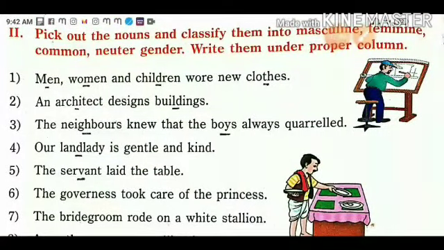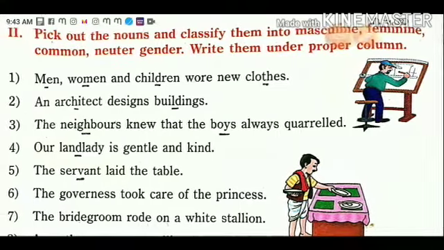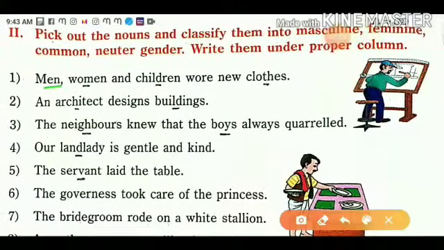Men, women and children wore new clothes. In that sentence, men, women, children and clothes are 4 nouns, and these 4 nouns have 4 kinds of genders.